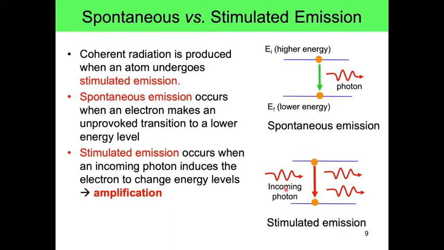Stimulated emission happens when you introduce a photon with the same energy difference between two energy levels, and then that induces the transition of the electron down to the lower energy state. So that results in two photons, right?